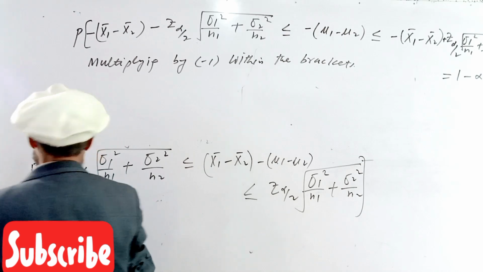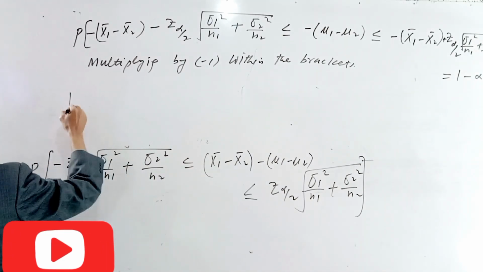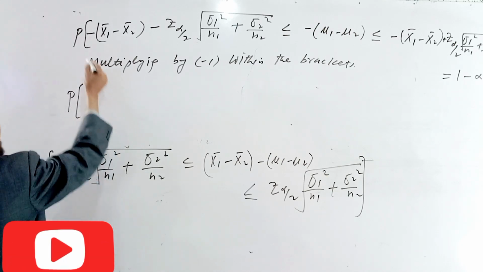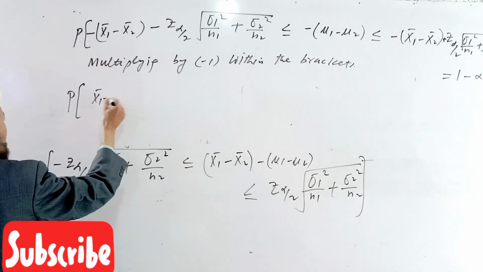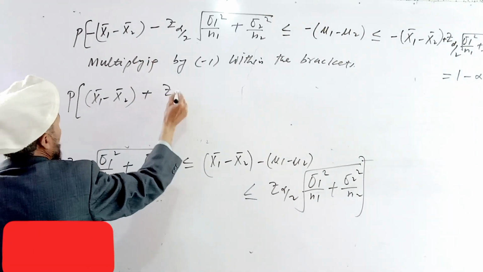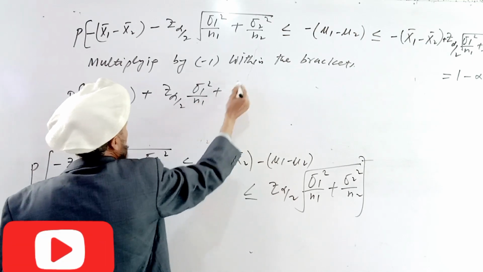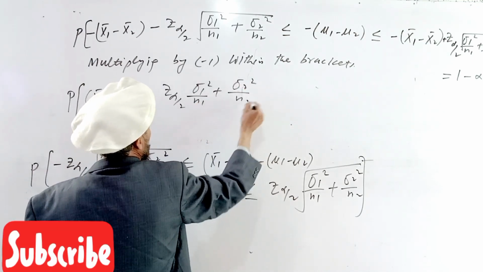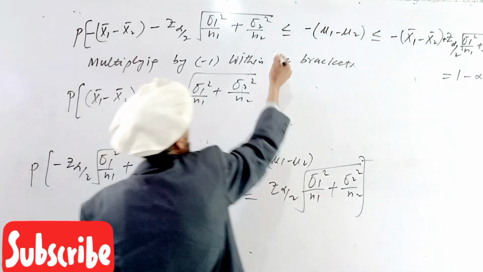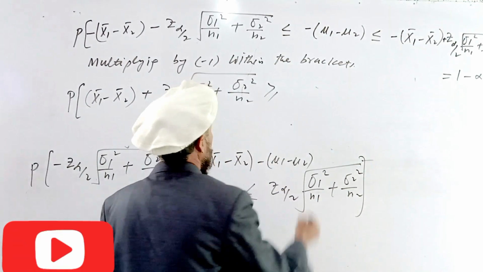So what is the result? The result becomes the probability of, plus x1 bar minus x2 bar plus z alpha by 2 times the square root of sigma 1 square divided by n1 plus sigma 2 square divided by n2, with the inequality exchanged because we multiplied by the negative sign.